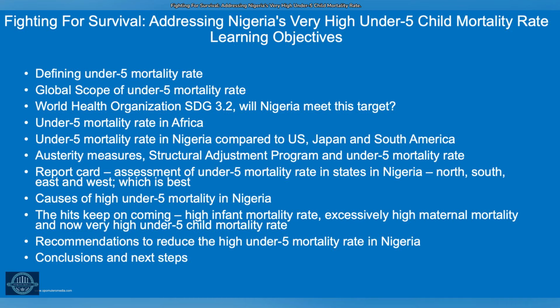The learning objectives are on your screen. The documentary covers the definition and global scope of the under-5 mortality rate, exploring whether Nigeria can meet the World Health Organization's Sustainable Development Goal 3.2. It compares Nigeria's under-5 mortality rate to other countries and regions, discusses the impact of austerity measures and the Structural Adjustment Programme, and provides an assessment of under-5 mortality rate across Nigeria's states.